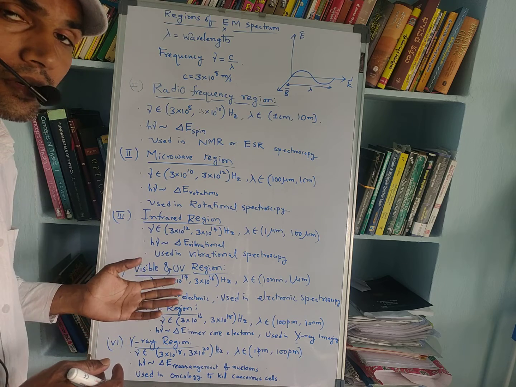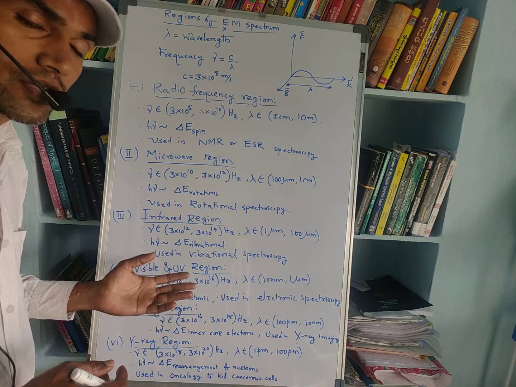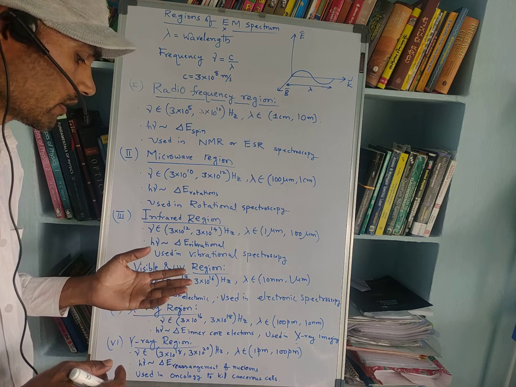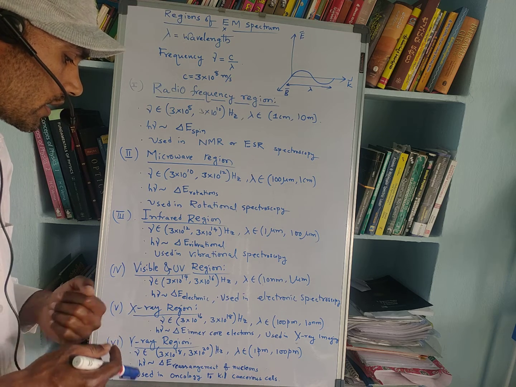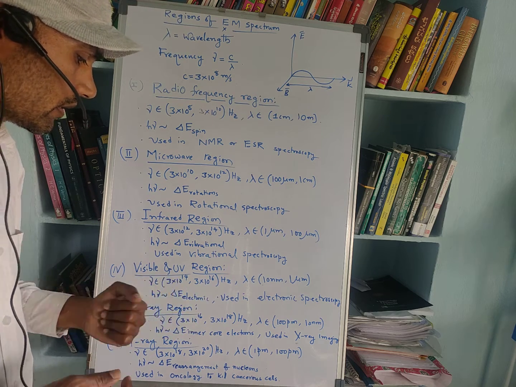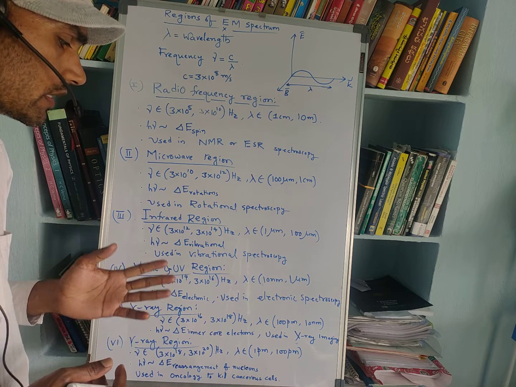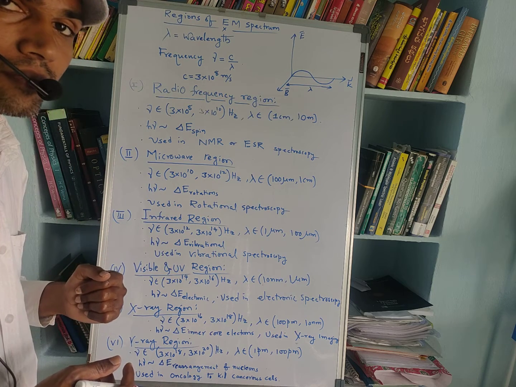And the energy of the photons of this region will be of the order of change of energy of an atom because of its electronic levels, and these photons are used to study, I mean, electronic spectroscopy of atoms.